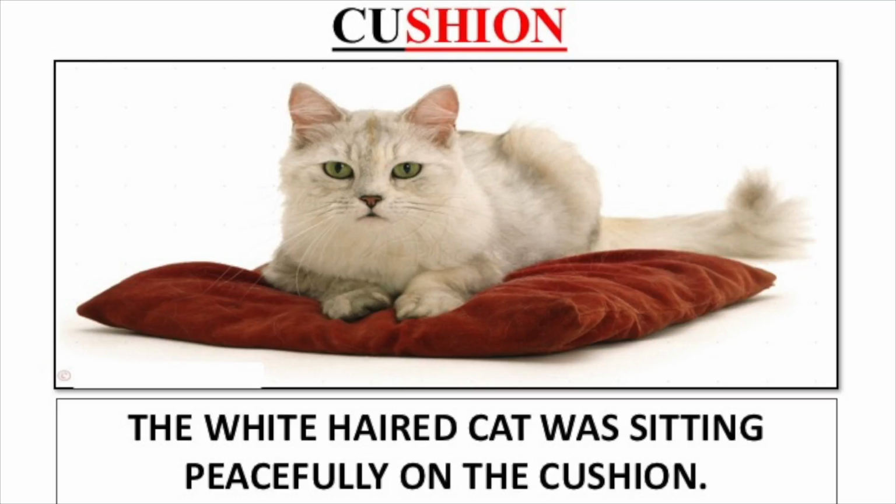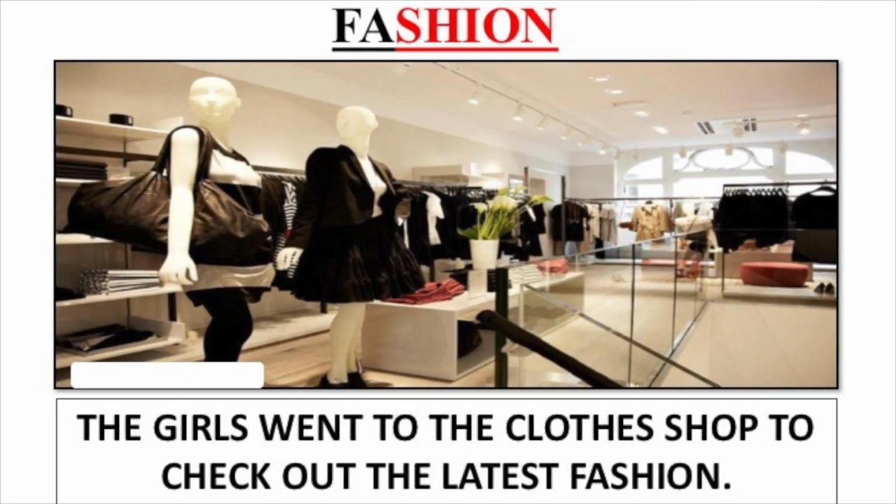Yes, and this is a cushion here. So notice how the spelling has changed from T to SH, but the phonic sound is the same. And then we have fashion. The girls went to the clothes shop to check out the latest fashion. Yes, fashion means the style of clothes.